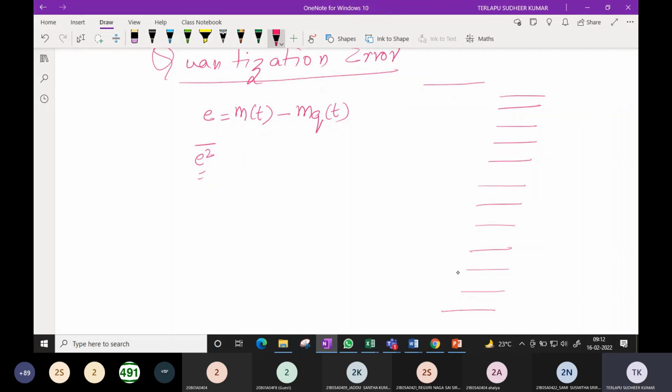Now in each and every level, the error with respect to this would be either plus S by 2 or it may be minus S by 2. Maximum error that we can expect. Minimum is 0 when both coincide.